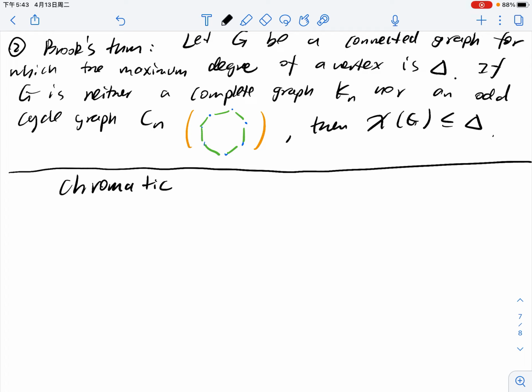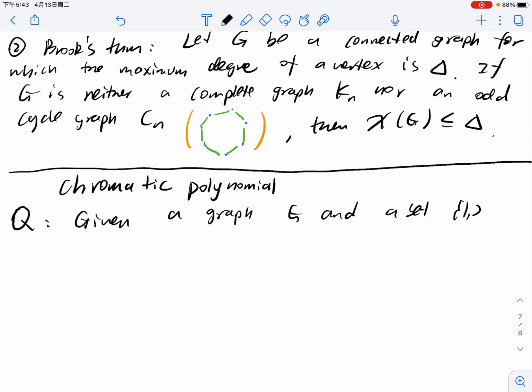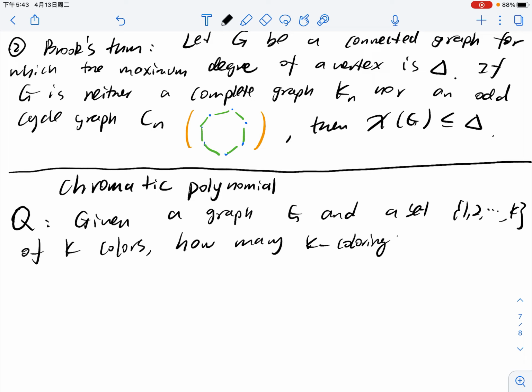Next, we will study an important generalization of the chromatic numbers. So the question: given a graph G and a set 1, 2, 3, 4 all the way to k of k colors, how many k-colorings of G are there?